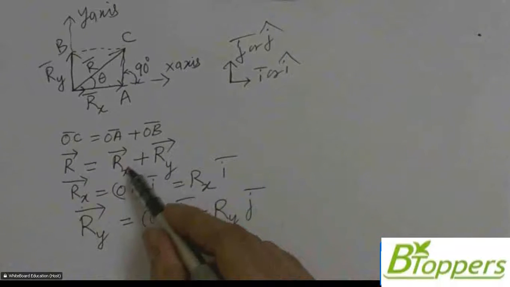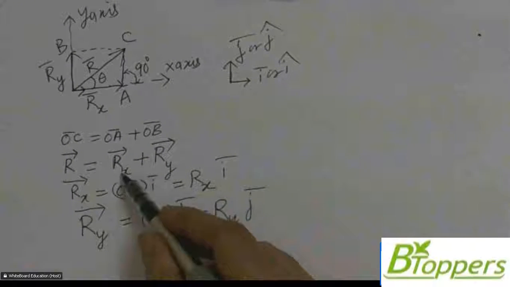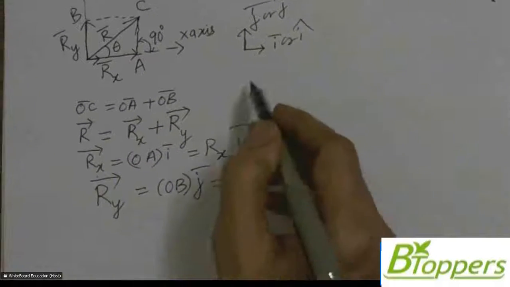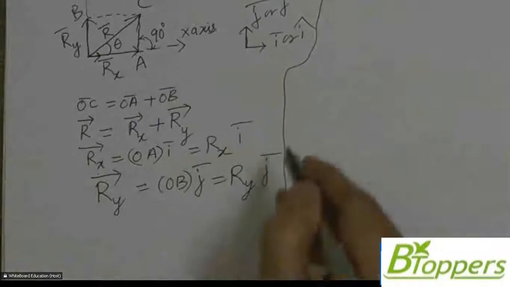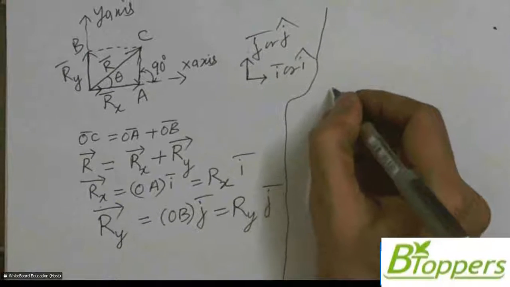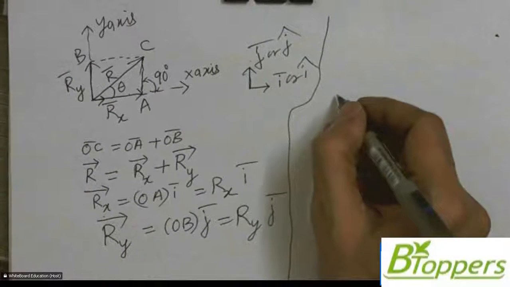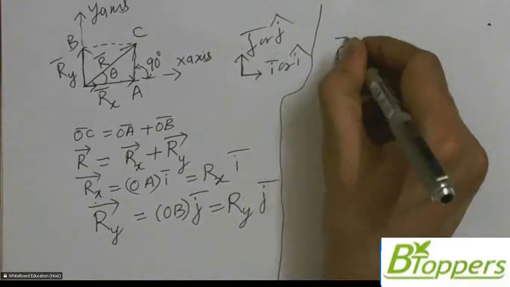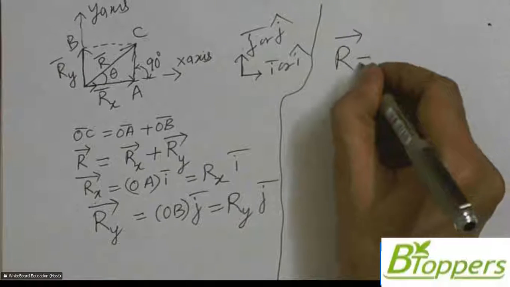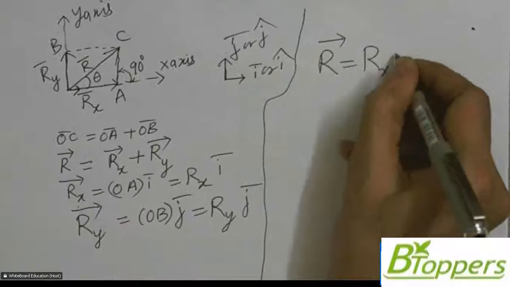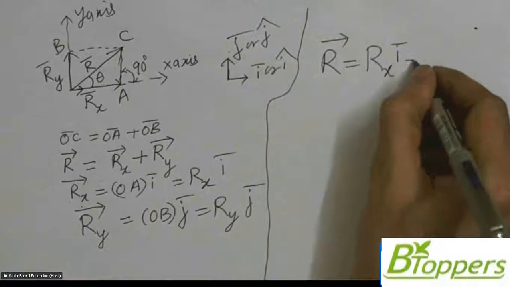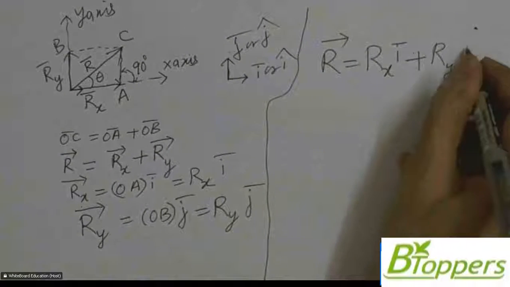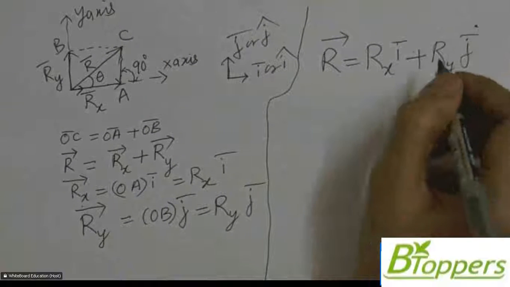So you can substitute here Rx bar equal to Rx I bar and Ry bar equal to Ry into J bar. Therefore, in two dimensions, the vector R bar can be expressed as Rx into I bar plus Ry into J bar.